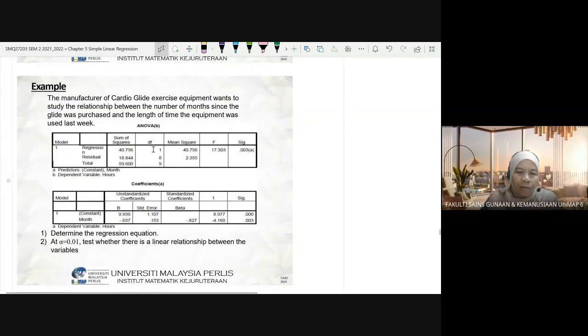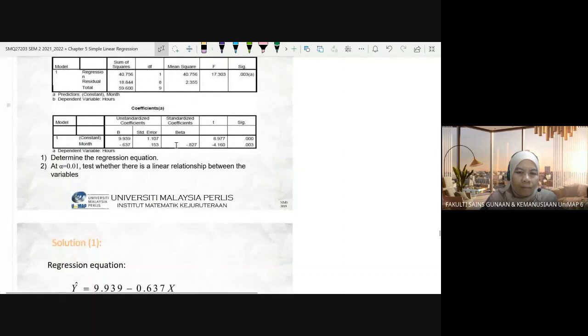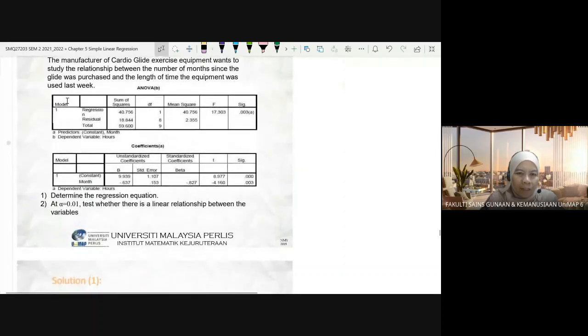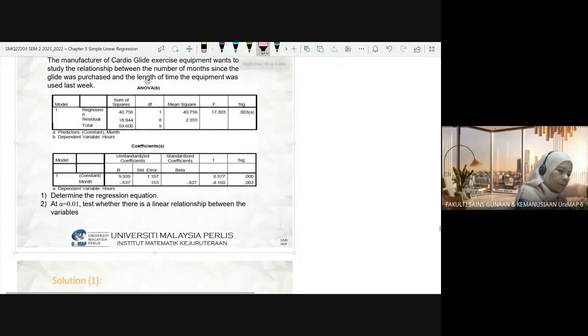So let's say you have been given the ANOVA table. You can also have your coefficient table, and this particular table is exactly what you have in your Excel. You have the ANOVA table and you have the coefficient table.